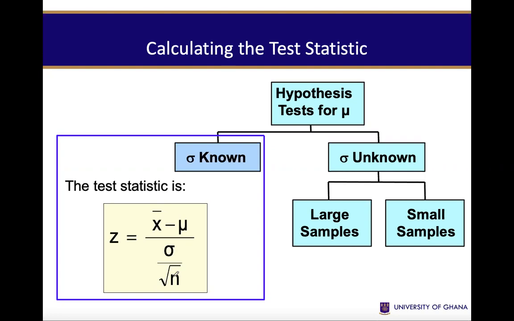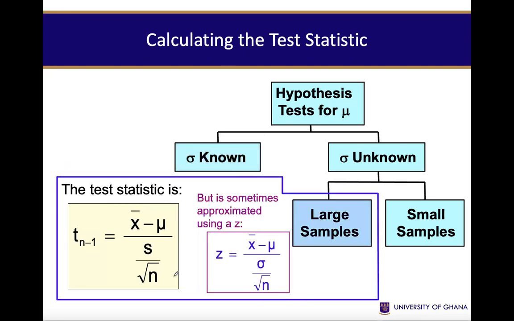And that follows what we call the z distribution. The z distribution is the same as the standard normal distribution, the one that we used when we were considering sampling distributions. So it is the z distribution or the normal distribution that will help us to calculate what we term as the critical value.